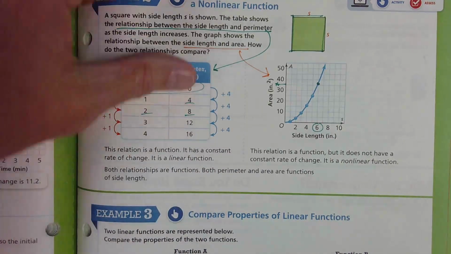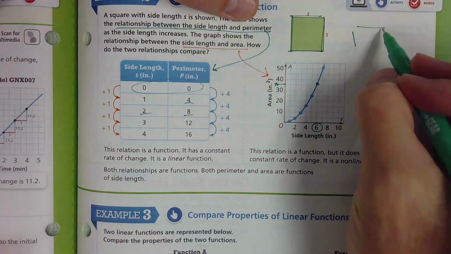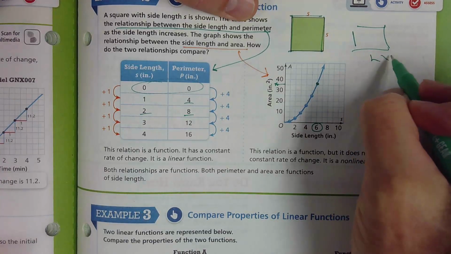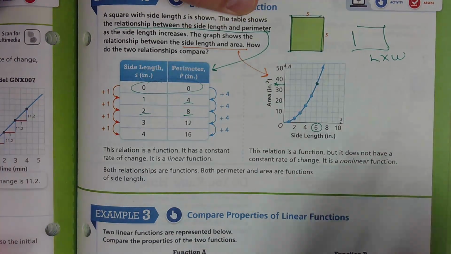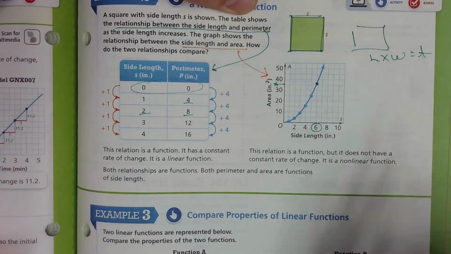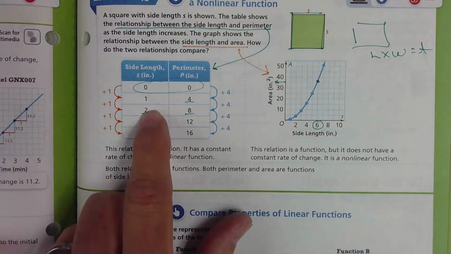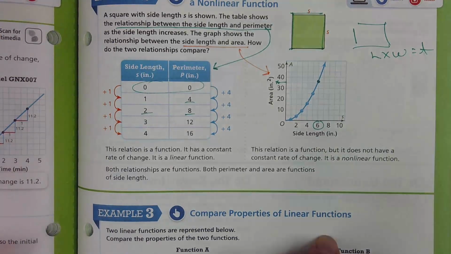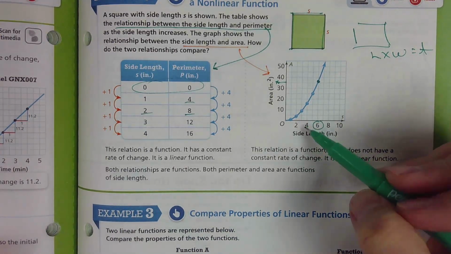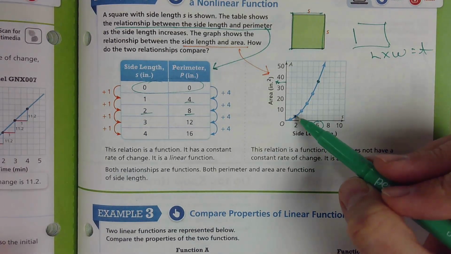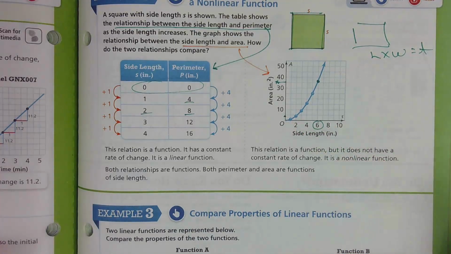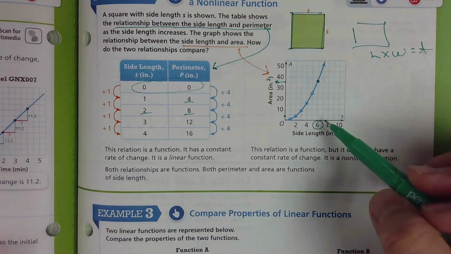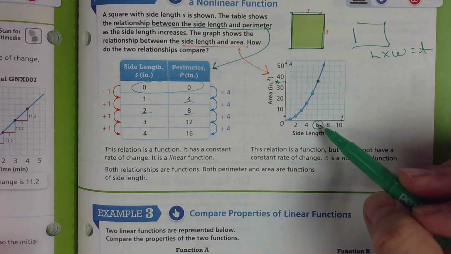How do you find the area of a square? It's length times width. So if the side length is 2, what's 2 squared? 4. And you can just barely see it right about there. That would be 4. If the side length is 6, it's going to be 6 squared.